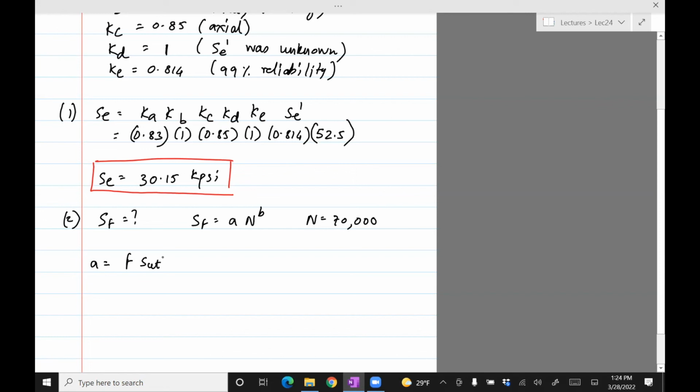A is (F SUT) squared divided by SE, and B is minus 1/3 log, so it's not log 10, log of SE divided by F SUT.